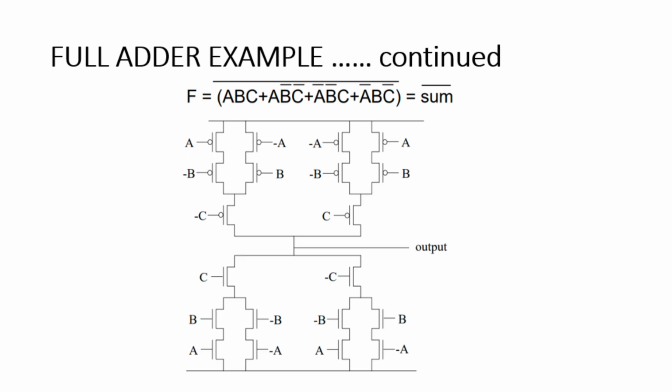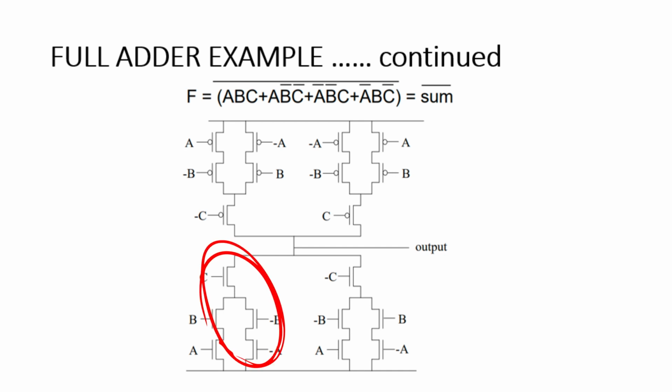Now, how to implement this one is quite simple. For the pull down network, we have A dot B dot C, so all of these are in series as shown. Similarly, the next one is A dot B bar dot C bar, represented here. For the next part, it is A bar dot B bar dot C, which is represented here.